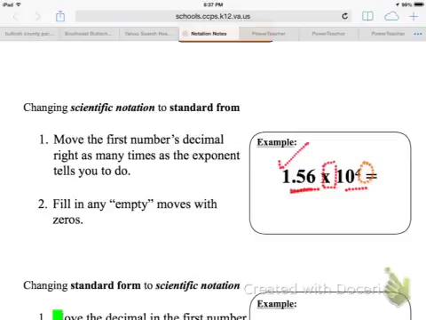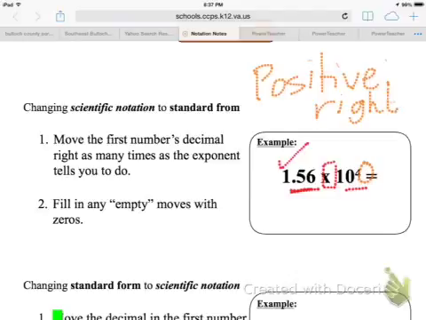Add this to your notes as well: if your exponent is positive, you're going to move towards the right. On the other hand, if my exponent is negative, I'm going to move towards the left. That is why it's important to look at your exponents, because that will tell you two things: where to go, and how many times to move.